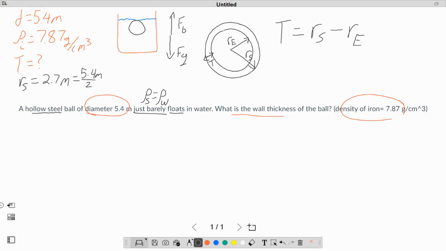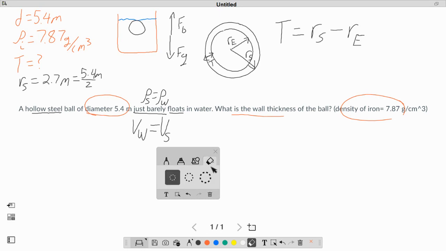Well, that's what's going to be a little tricky because it didn't just give it to us. But we do know that it just barely floats, and we know the density of iron. So if it just barely floats, it tells us several things: that the two densities are the same, right? But if it floats, the volume of water that is displaced should be equal to the volume of the object.